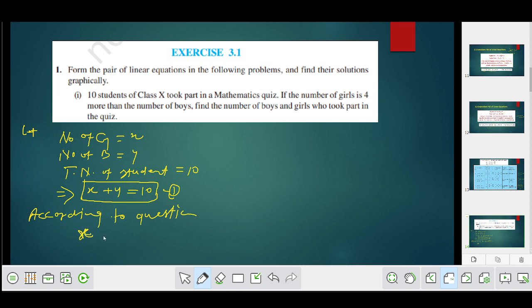Clear? The number of girls is equal to the number of boys plus 4. So we can write this equation as x minus y equals 4.